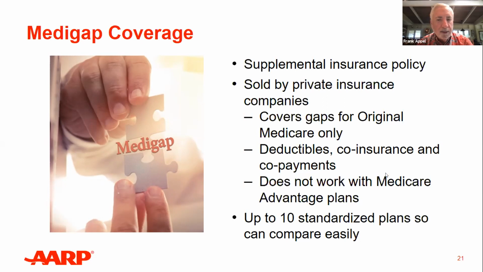There are up to 10 plans that have different coverage levels, and you can compare those plans very easily. I'll show you the website to do that, where you can look at all of the plans, say A, B, or K, that are offered in your area, and see what the prices are for each of the insurance companies for those plans that all have the same benefits. So that is an option. If you take original Medicare, you have the option of buying this Medigap coverage to help cover those costs that Medicare does not cover.